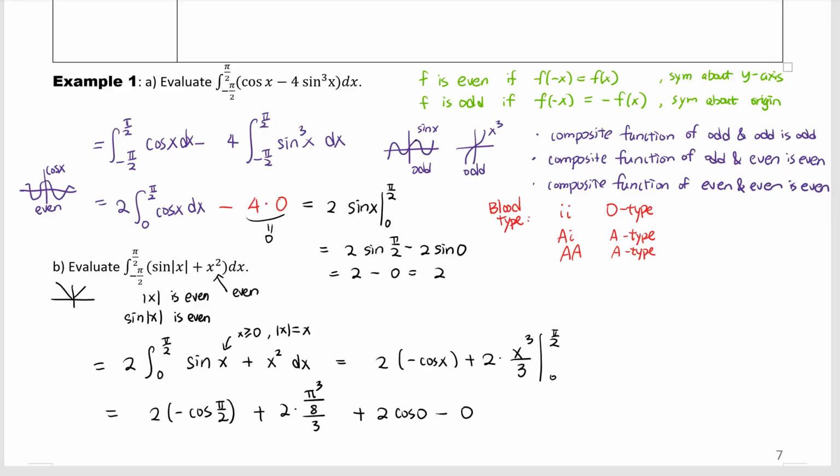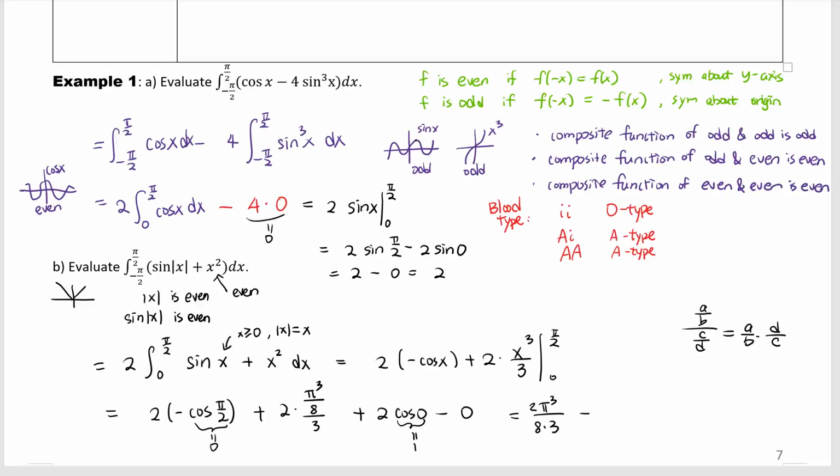Cosine 0 is 1. Cosine pi over 2 is 0. So our answer is, you can see 2 and 8, they cancel. This is the same as multiplying by 3 in the denominator, because A over B over C over D equals A over B times D over C, and 3 is like the C, so the C is in the denominator.